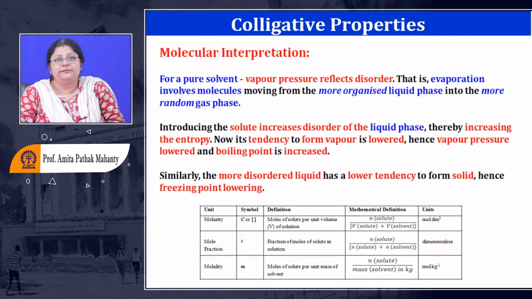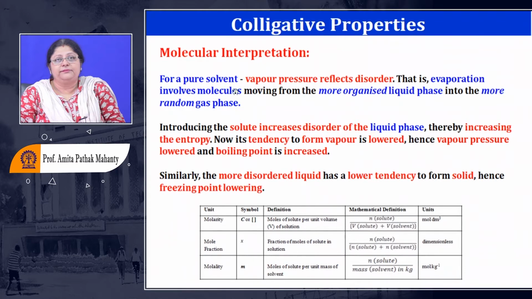So for a pure solvent, vapor pressure reflects the disorder, and this involves molecules moving from the more organized liquid phase into a more random phase. That is what the molecular interpretation means: we are looking at how the entropy effect works.